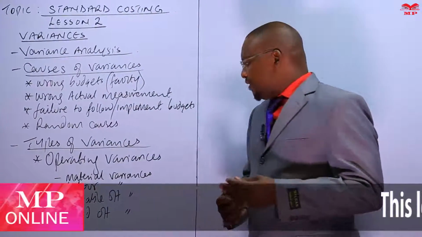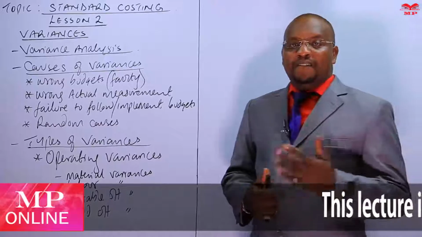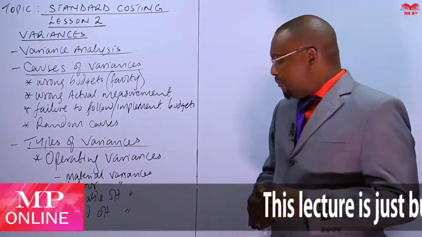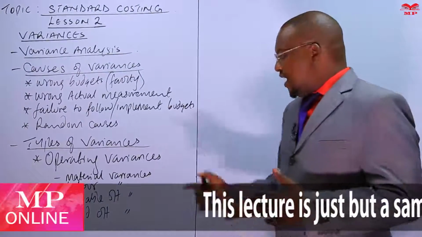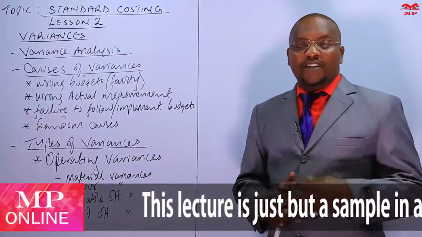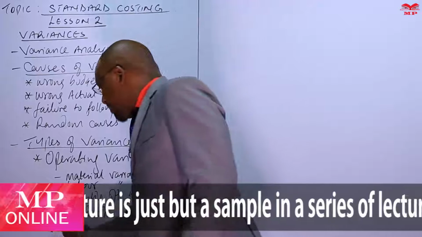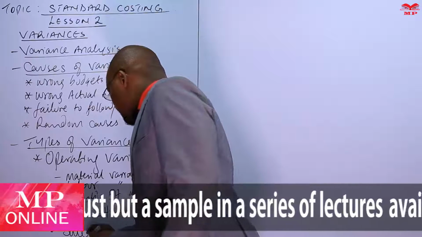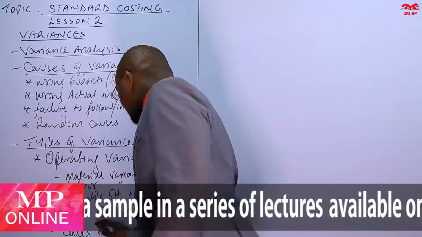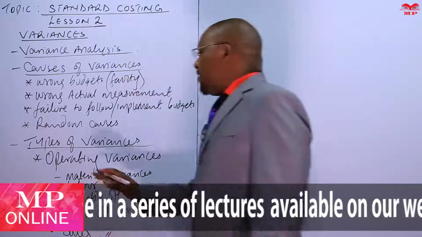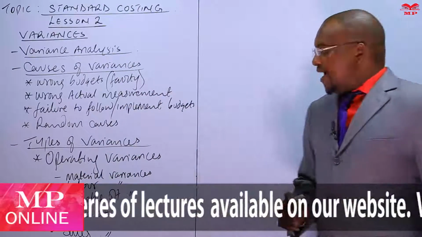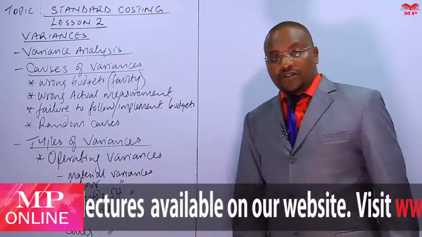So material variances, labor variances, variable overhead variances, and you have the fixed overhead variances. And also we can have the sales variance or variances. These are what we'll be looking at, and then we break down each of them.